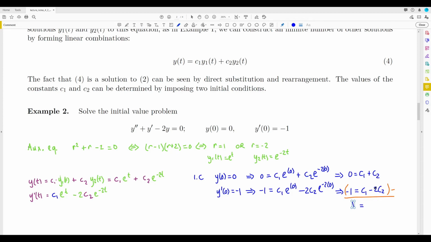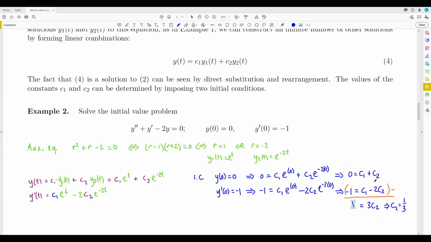And then we have c2 minus negative 2c2, that gives us 3c2. And so the conclusion there is that c2 equals 1 over 3.